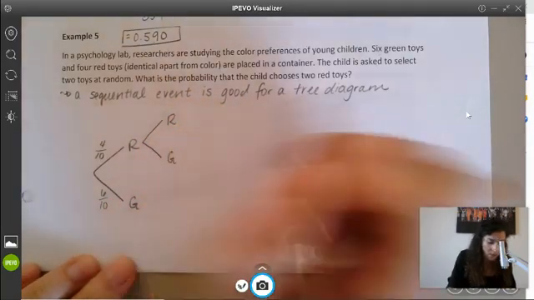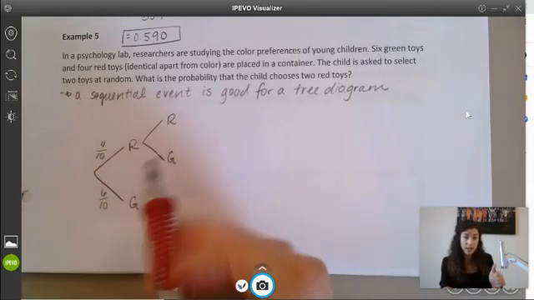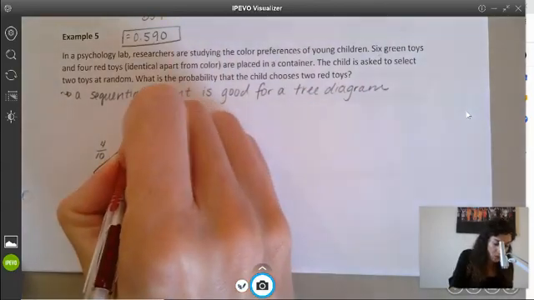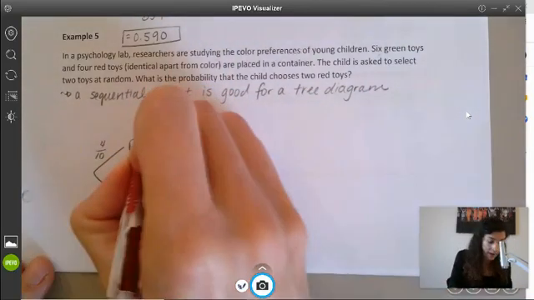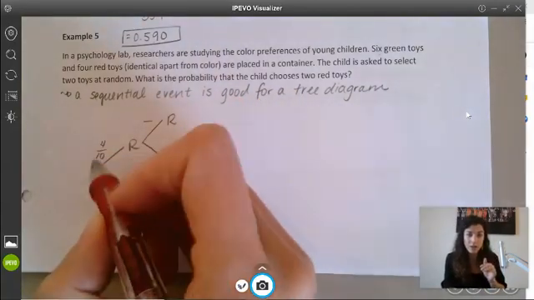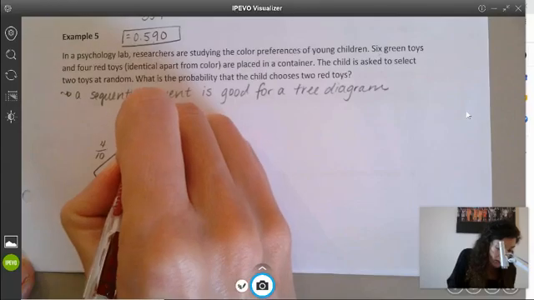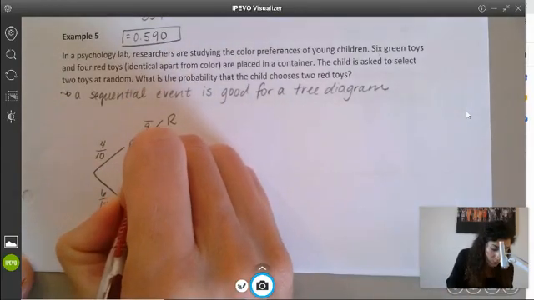for red and green. Now our probability shifted just a little bit because now if we've picked a red one, we have 1 less of our total, right? So we're no longer dividing by 10, we're now dividing by 9, because we took a toy out already. Now we're dividing by 9 for both of these.